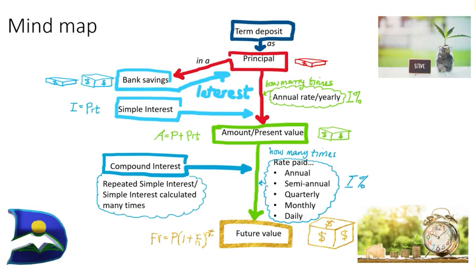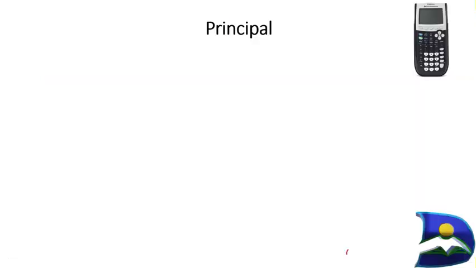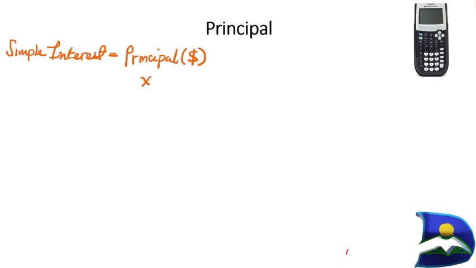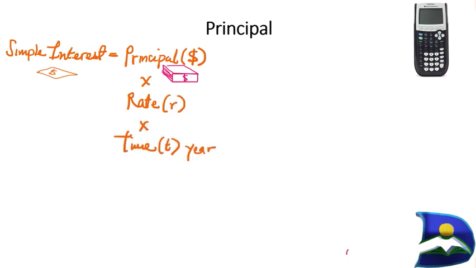So let's look specifically at the principal. Dealing with simple interest, you multiply the principal, which is how much money you put in as savings first, by the rate at which the interest is going to be added, and then multiply that by the time the money stays in that particular account.